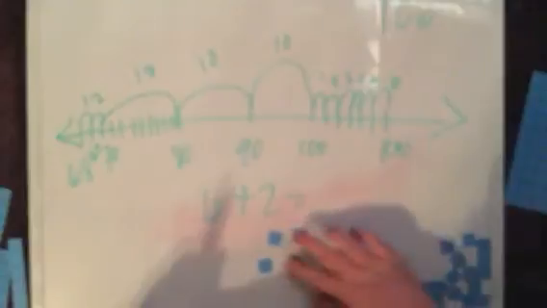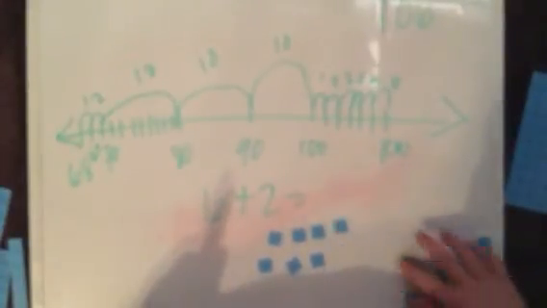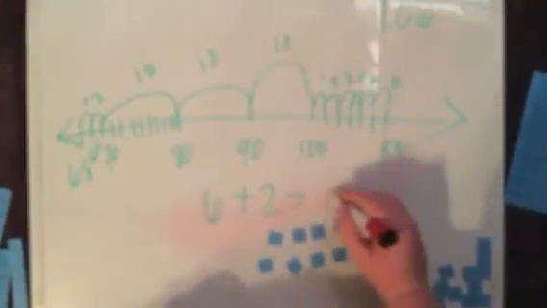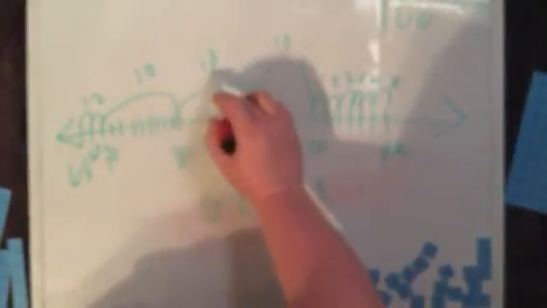What does 6 plus 2 equal? Well, we can always use our units. That's 1, 2, 3, 4, 5, 6, 7, 8. 6 plus 2 equals 8. So we know that we have 8 units. We also have 3 tens.